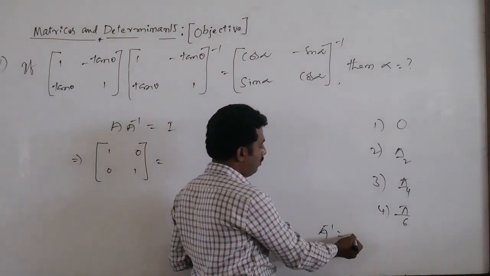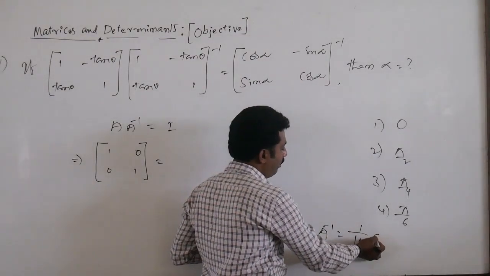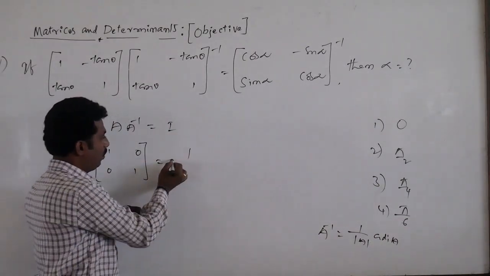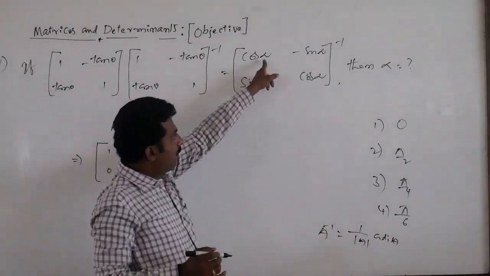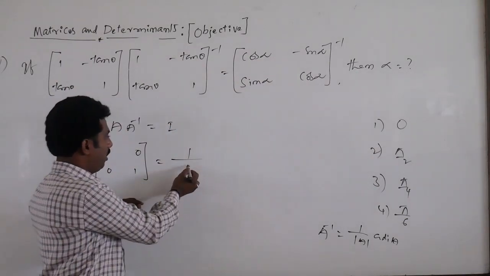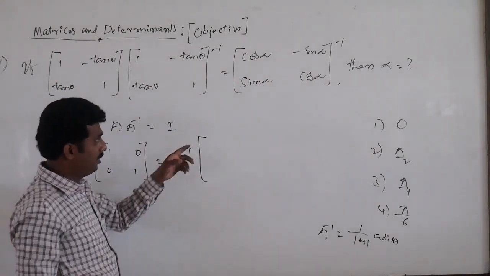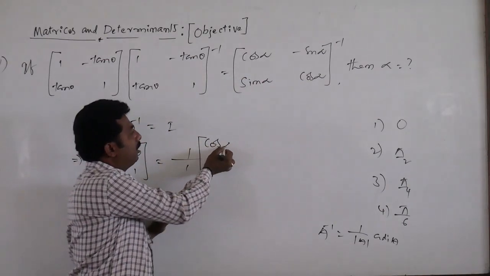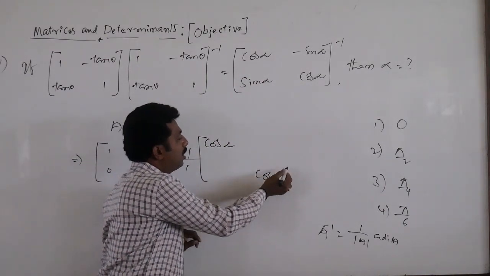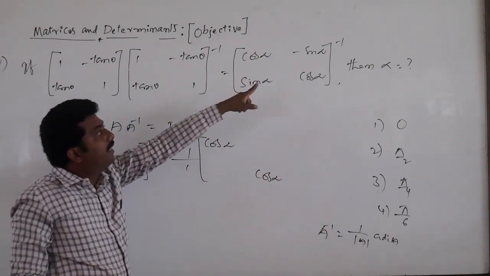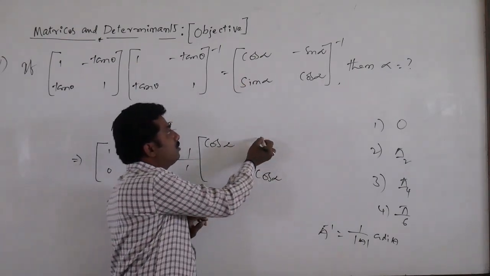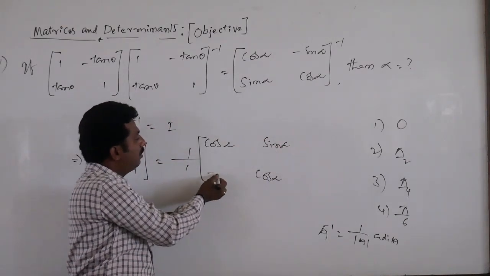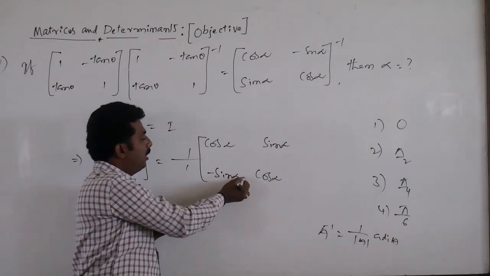A inverse equals 1 by determinant of A into adjoint of A. The determinant gives cos square alpha plus sin square alpha, which is 1. For the adjoint, interchange the principal diagonal elements, that is cos alpha, and change the signs of the other diagonal elements, so minus sin alpha and plus sin alpha.